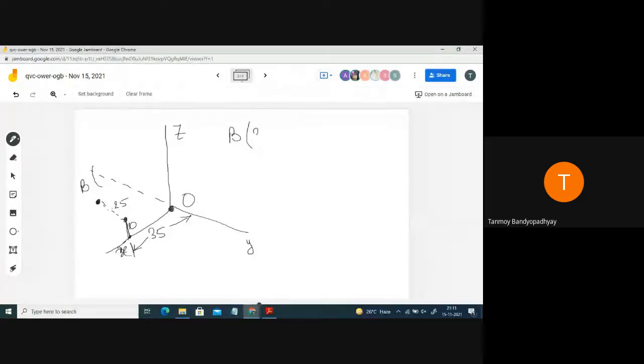Okay, can you follow this? This is 35. The x coordinate of the point B from the 0 point is 35. Then what is the y coordinate? It is in the negative y direction, so this is minus 25. And in the z direction, it is not on the xy plane, it is above the xy plane by 10, so this is 10.